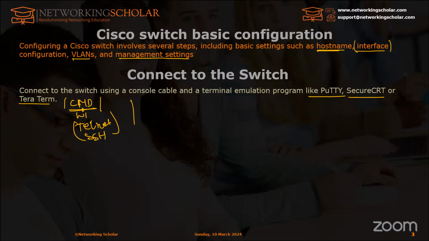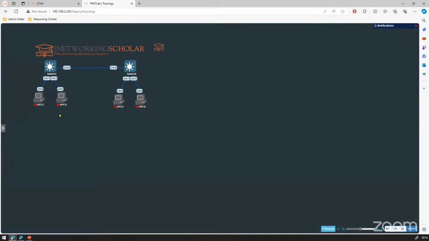If we are working on Linux, then we can use the terminal on Linux and Mac machines. These are the other software we use to take remote access of these devices. As we already have the switch and we are working in a virtual environment, I am just using SecureCRT in my lab. So let me open the SecureCRT.